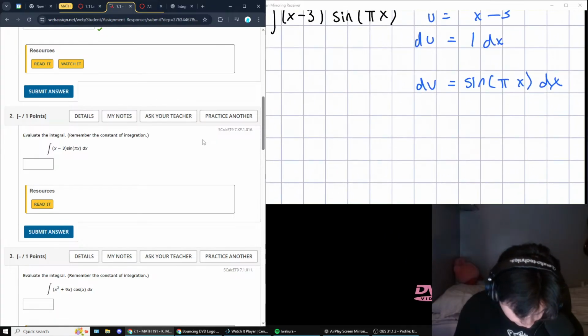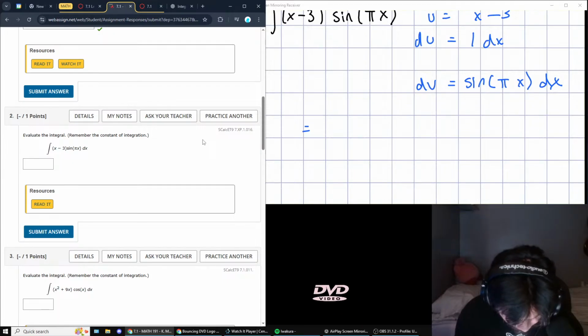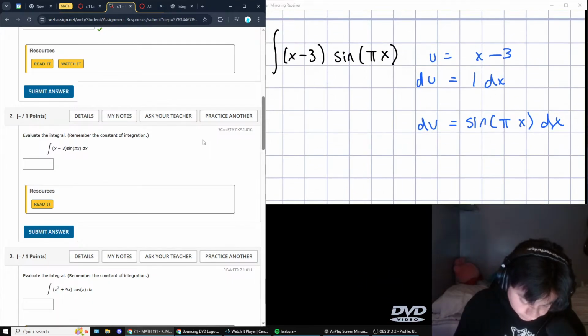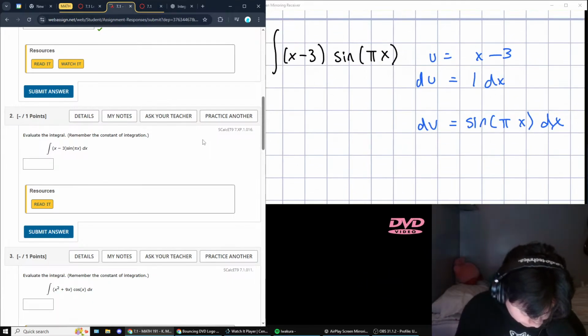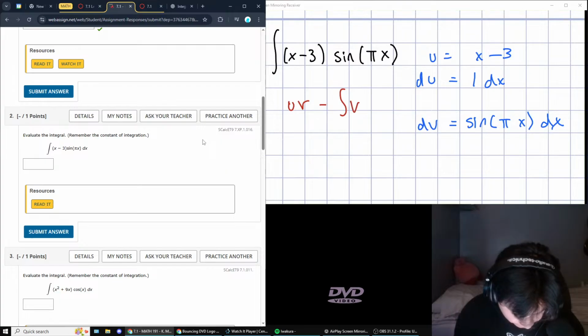So then this will be rewritten, so then, okay, the original formula being uv minus integrate v du.